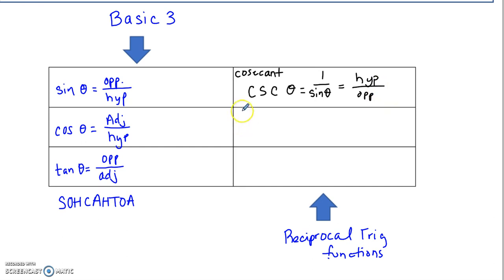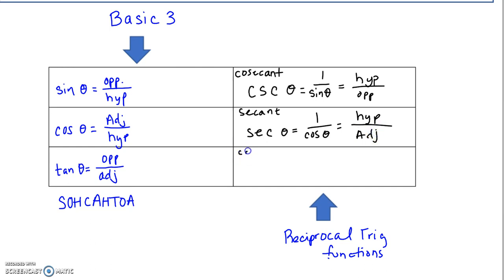So for cosine, the reciprocal is secant. And that's abbreviated SEC. And the secant of theta is really 1 over the cosine of theta, but that's just the reciprocal. So that's the hypotenuse over the adjacent.